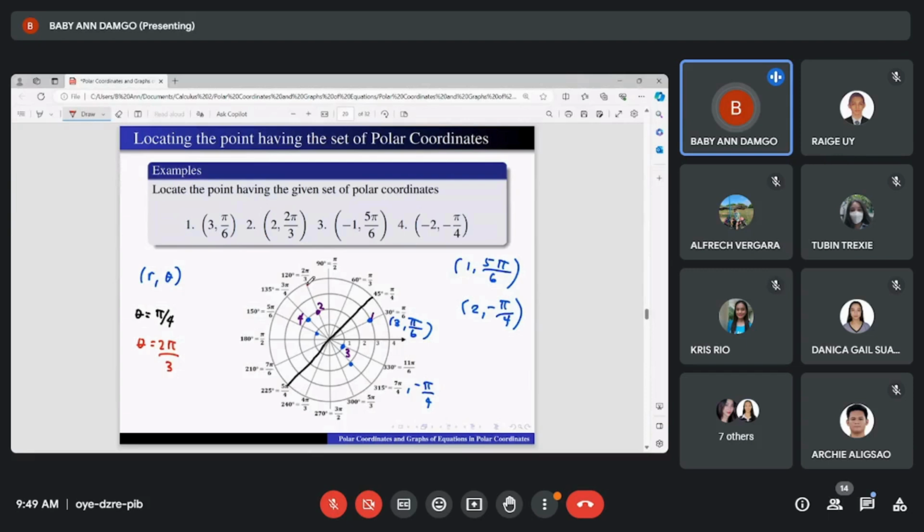Okay. So what if we're given in the form of r sine theta equals a constant b or r cosine theta equals a constant a? So what is its graph? The graph in this class is a line. Okay?